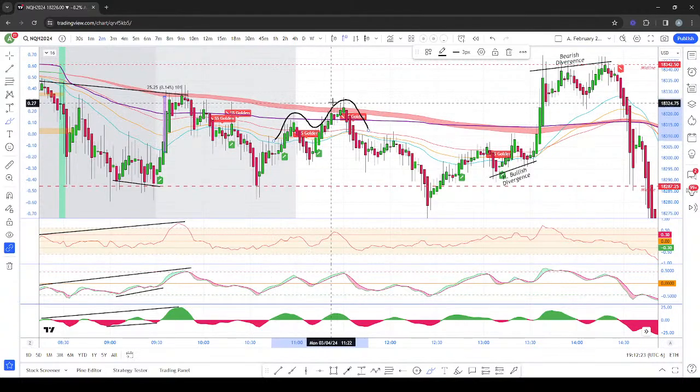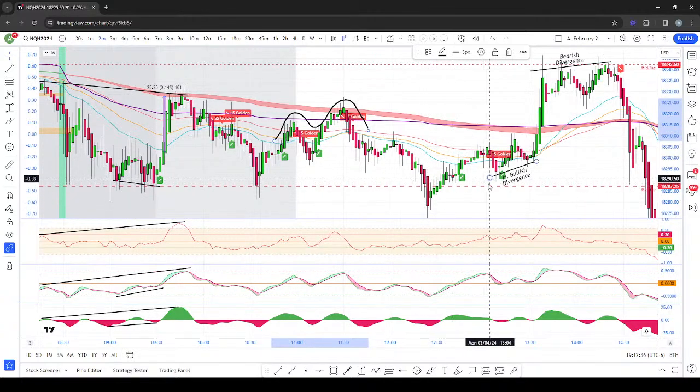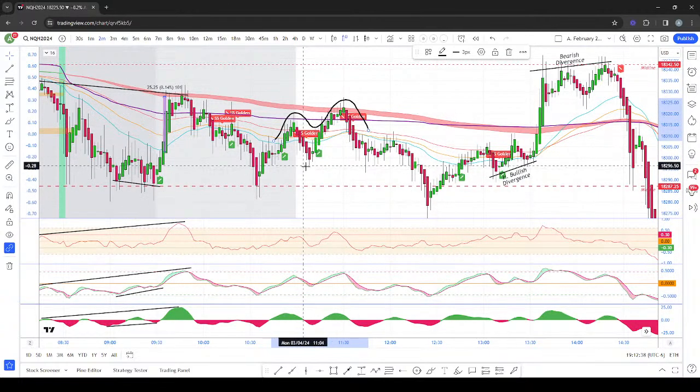So these double peak divergences or twin peak divergences, they do happen daily on the market, so be on the lookout. And then same thing for below. If you have like a double valley, try to find those too, and take on those little trades.